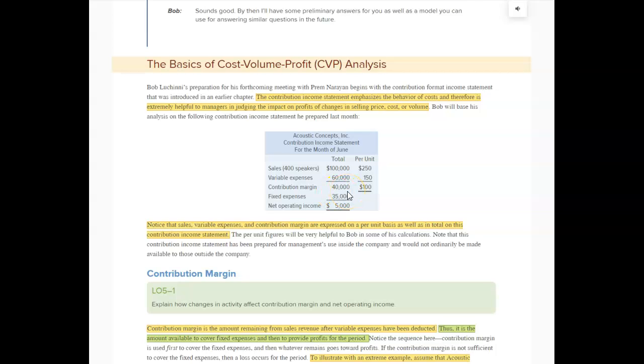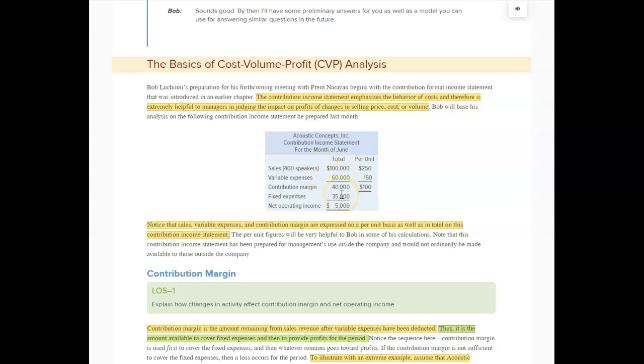Now we learned earlier that the definition for contribution margin is revenue, or in this case sales revenue, minus variable expenses or variable cost. I will commonly say revenue minus variable cost. It means the same thing as sales minus variable expenses. So contribution margin is the amount that your revenue exceeds your variable cost.